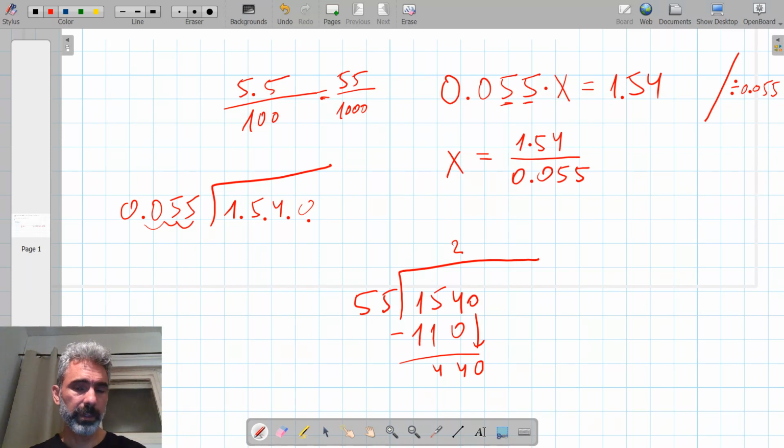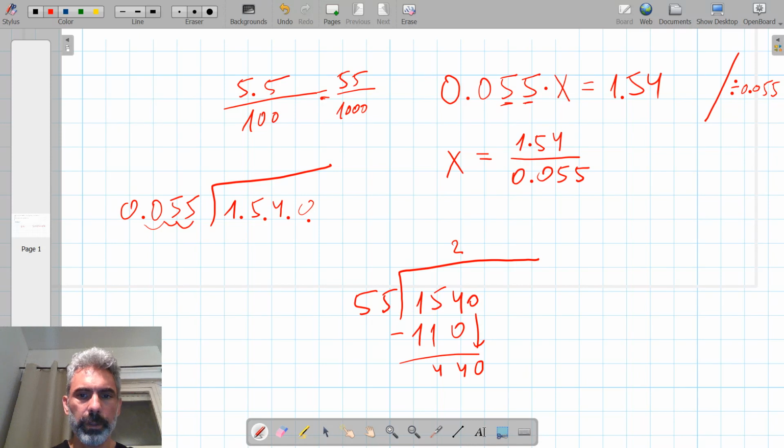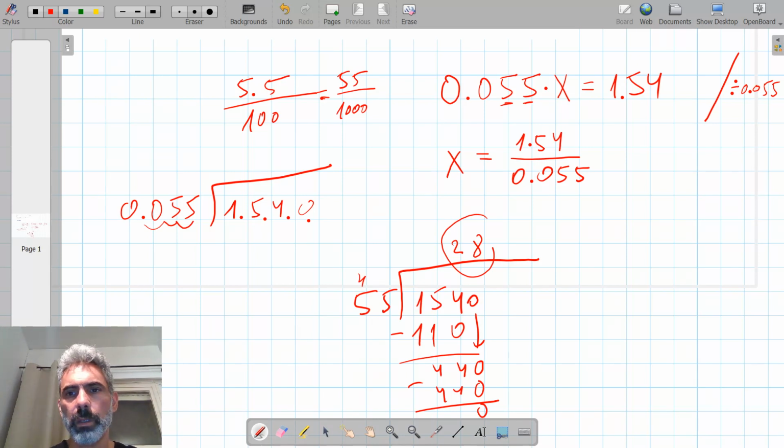Let's see, 8 times 50 is 400, and 8 times 5 is 40, plus 400 is 440, so no remainder, so the answer is 28. So x equals 28.